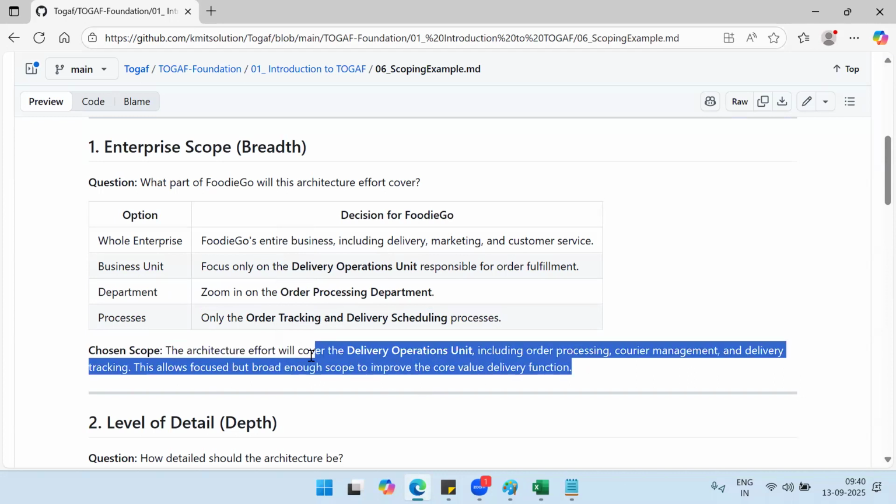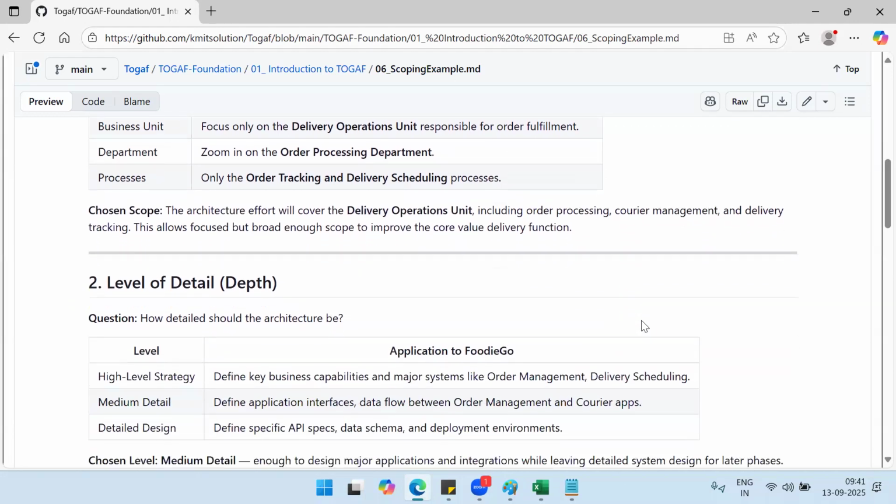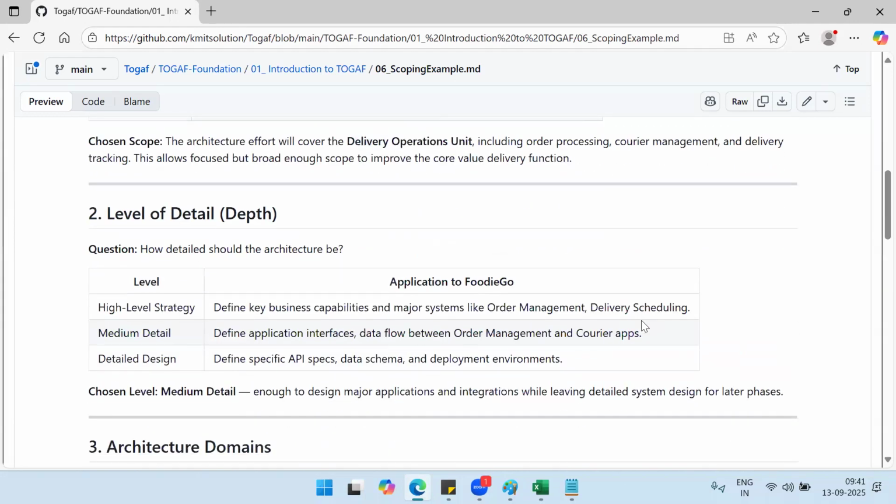Now you know the scope of my Foodie Fast application. I need to do the order processing for the delivery operation unit. So this is my enterprise scope, and here I need to provide these services. Now, next level of detail.